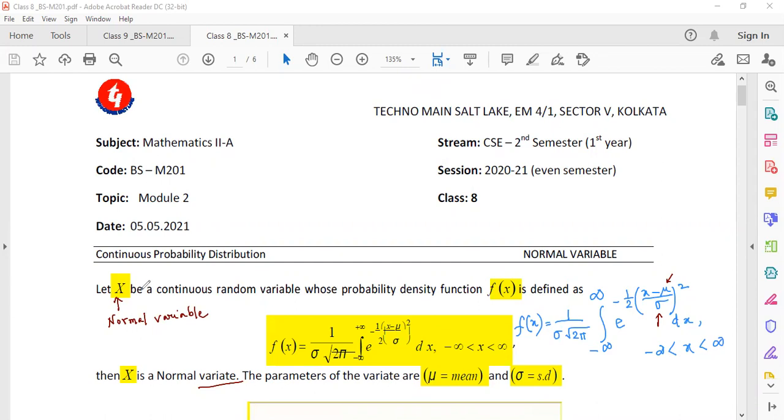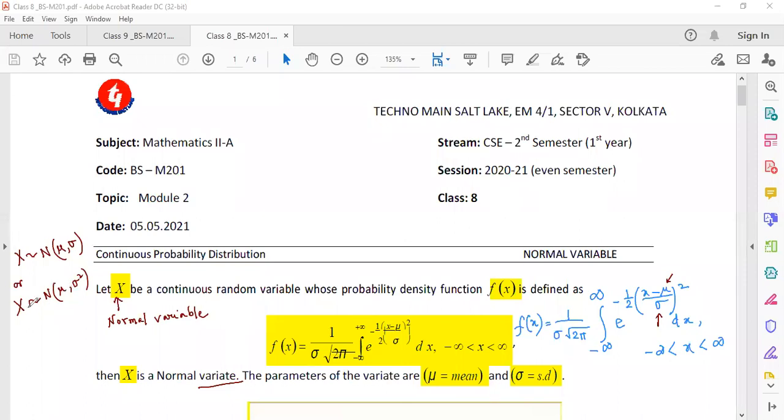And remember, if capital X has this kind of probability function, then sometimes we write X follows N(mu, sigma). We read it as X is a normal distribution with parameters mu and sigma, or sometimes we write X follows N(mu, sigma square).